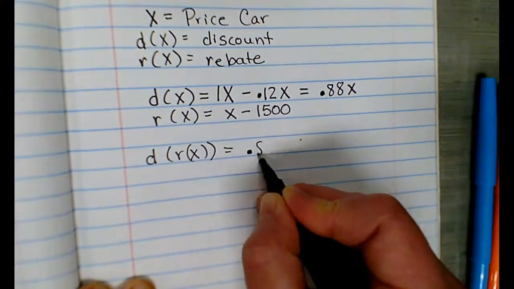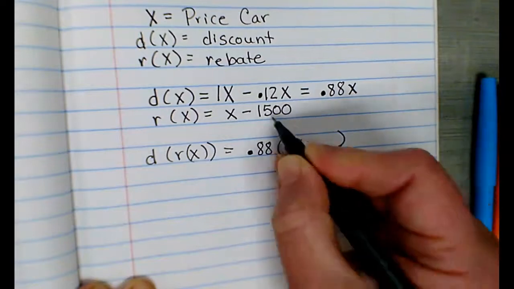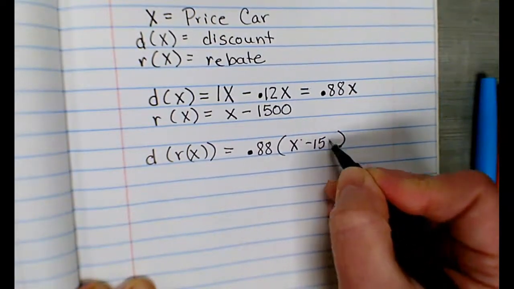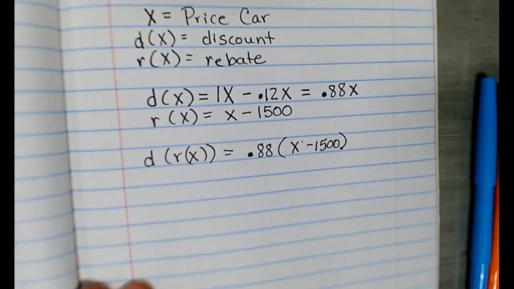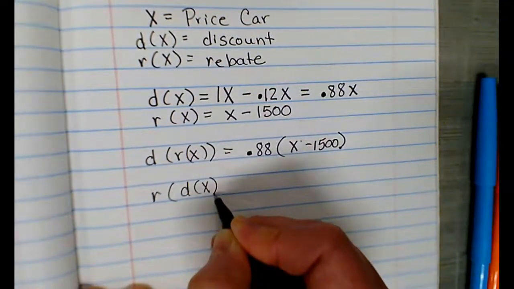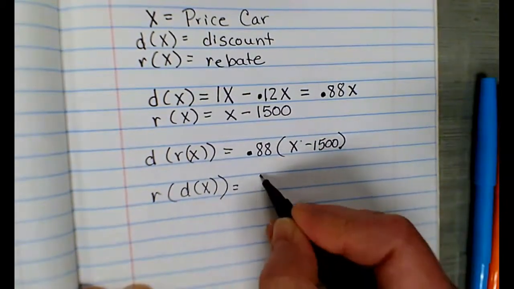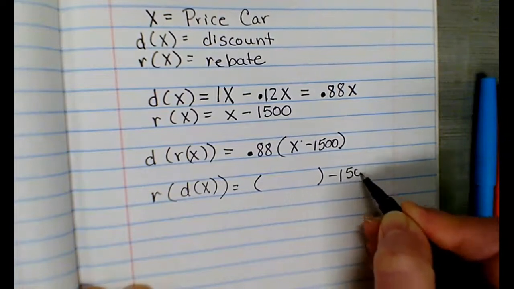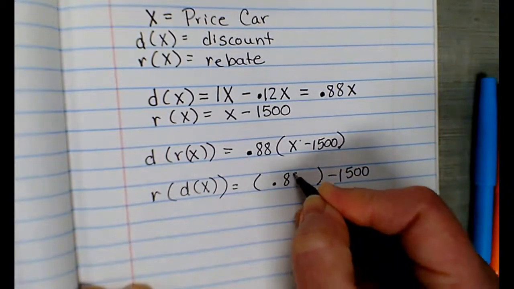I'm going to start with the 0.88x, and in place of the x, I'm going to substitute. Now, I could distribute that, but distributing a decimal is going to be ugly, so I'm just going to leave it like that. Or would it be better to do it this way? Start with the rebate and substitute in the 0.88x.